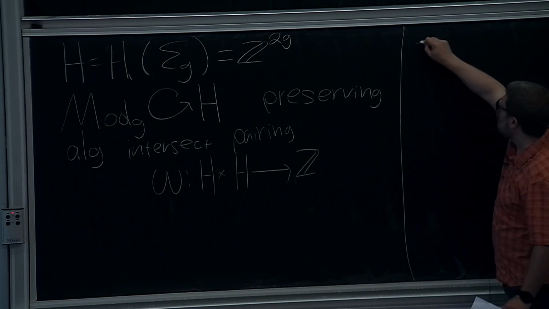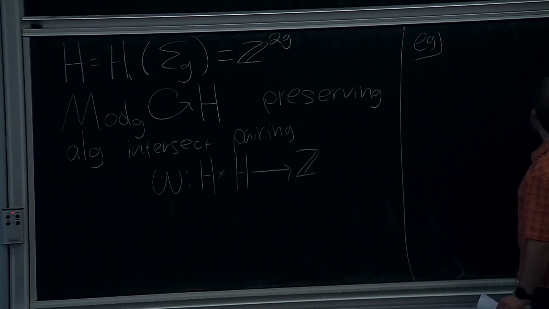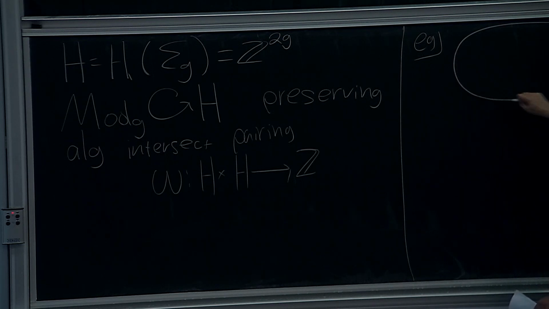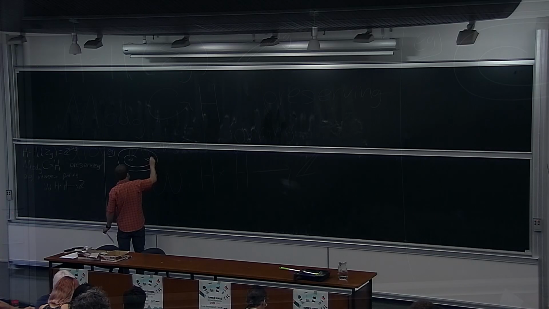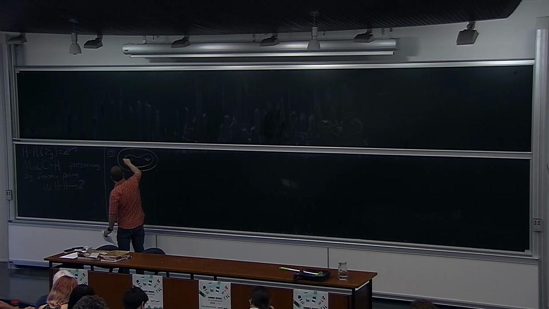For example, here is a genus 2 surface. Let's just write down a couple of homology classes. So let's say that right there with that orientation is X. Sorry, my handwriting is not very good.